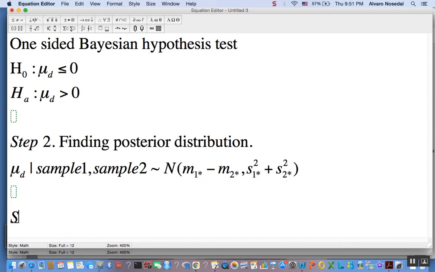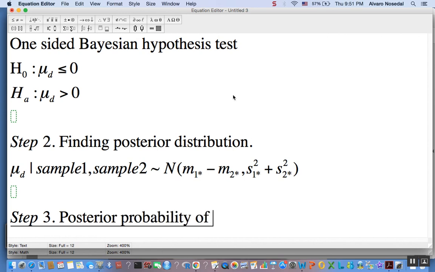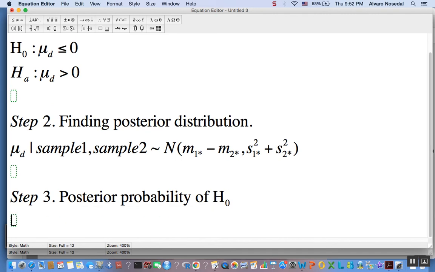Then step 3, we know, is finding the posterior probability of H naught. So the posterior probability of H naught would be just the probability that mu sub d is less than or equal to 0, given that posterior distribution.